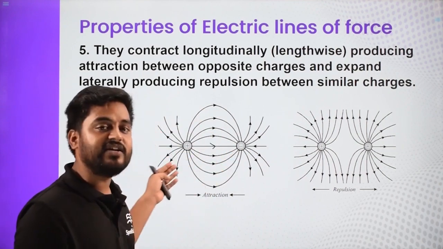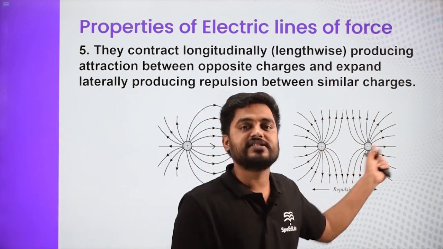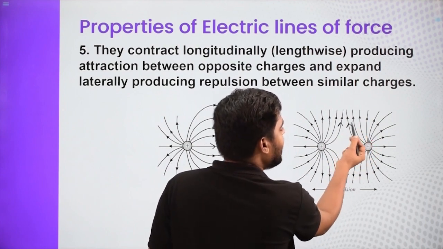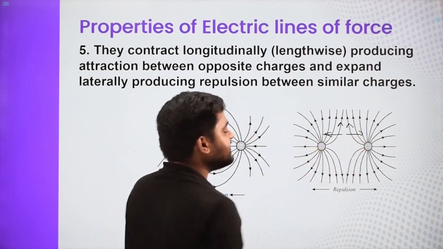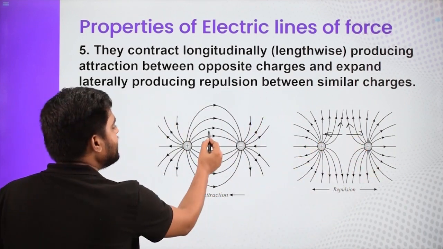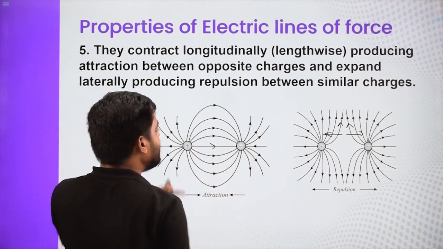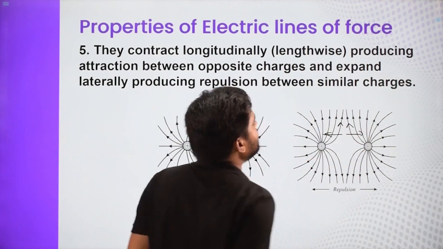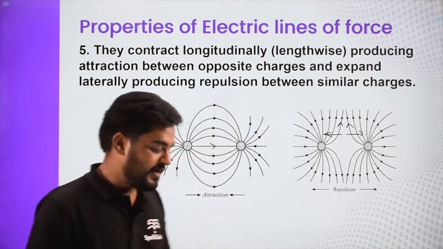This is a field pattern due to a positive and negative charge, and this is a field pattern due to two positive charges. Here two field lines going in the same direction kind of repel each other, and hence they will produce the repulsion between both the charges. Here the field lines are trying to contract and here they are trying to expand. So we will say here they are producing attraction and here they are producing repulsion.